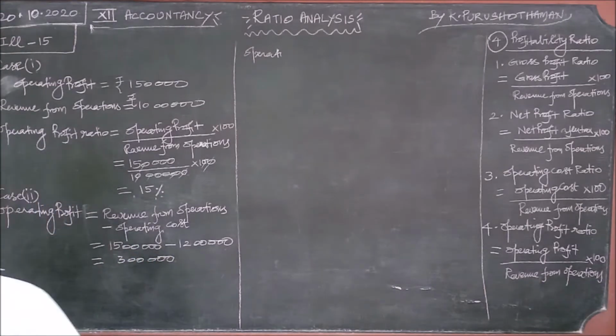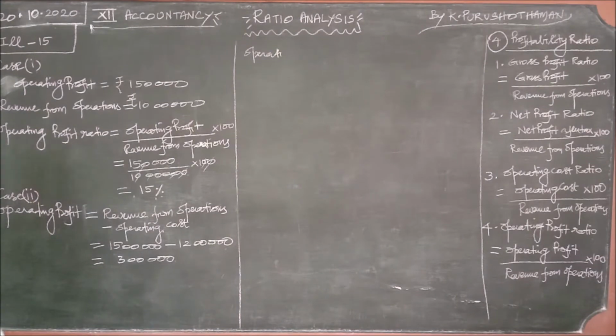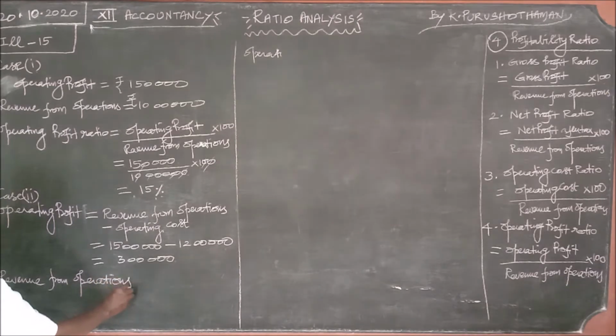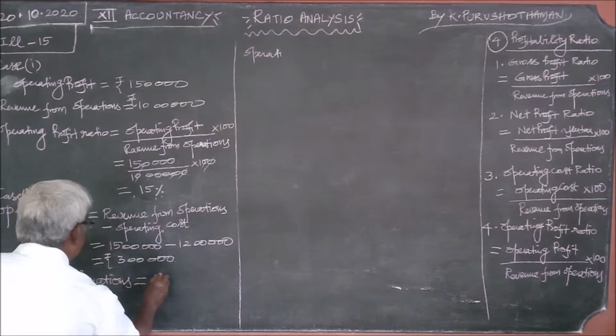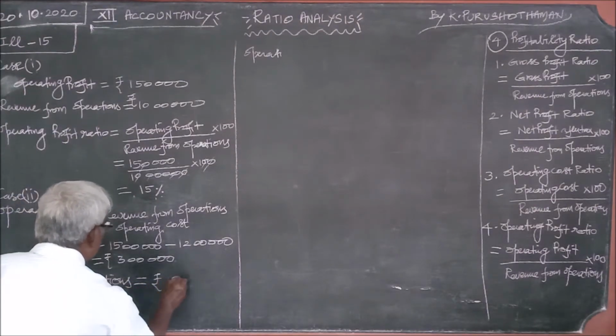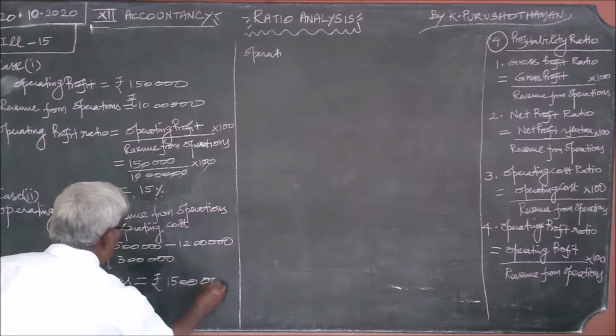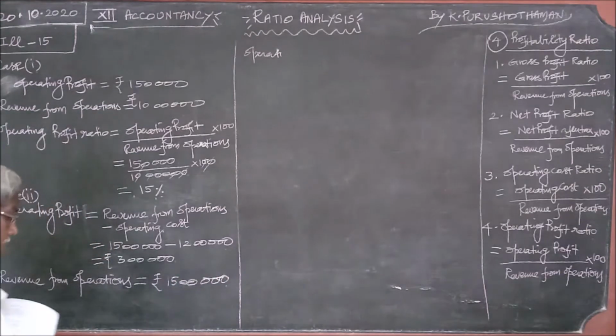And this is for the numerator, the same operating profit. Then what is revenue from operations? It is given straight away, 15 lakhs.